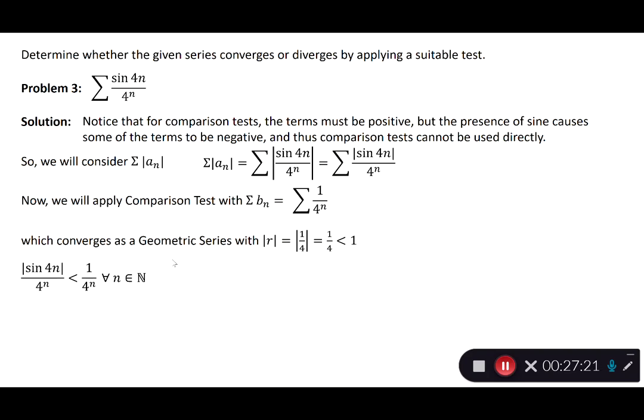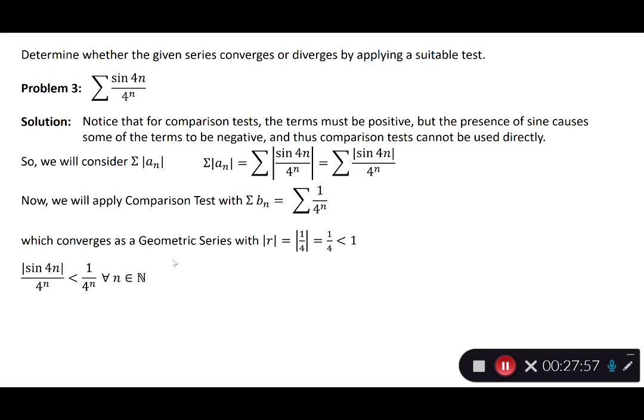Okay, if that's the case, what kind of values will absolute value of sine 4n take? Think about it. Would you agree only 0 to 1? There cannot be any negative values. The moment you take absolute value, the negatives become positive, right? -2, when you take absolute value, becomes +2. -0.5 becomes +0.5. So absolute value of sine 4n is guaranteed to be between 0 and 1.